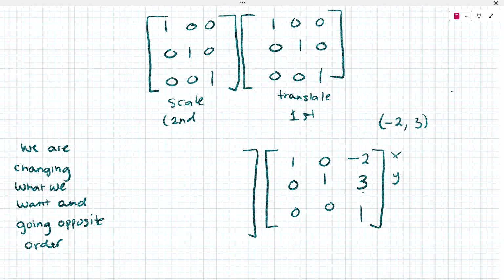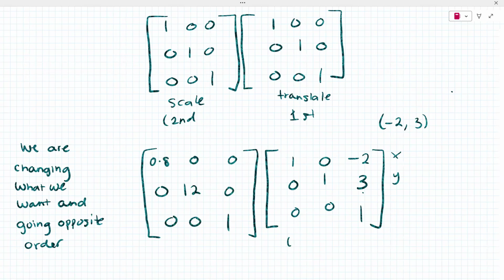And then the second step, we're going to scale the x coordinate by 0.8 and the y coordinate by 1.2. So this new matrix would be 0.8, 0, 0, then 0, 1.2, 0, 0, 0, 1. So this is your translate first, and this is your scale second.